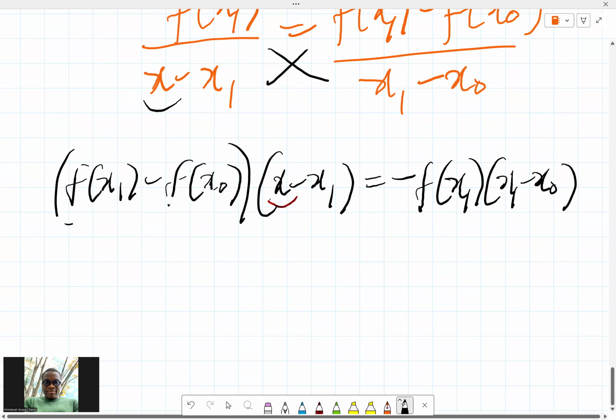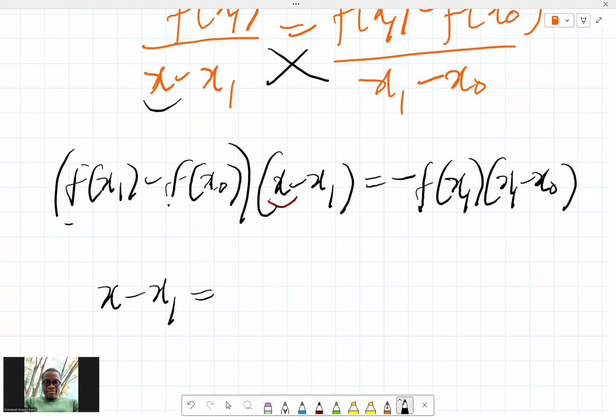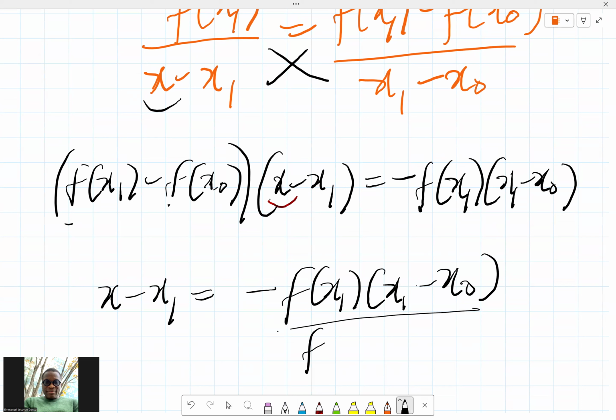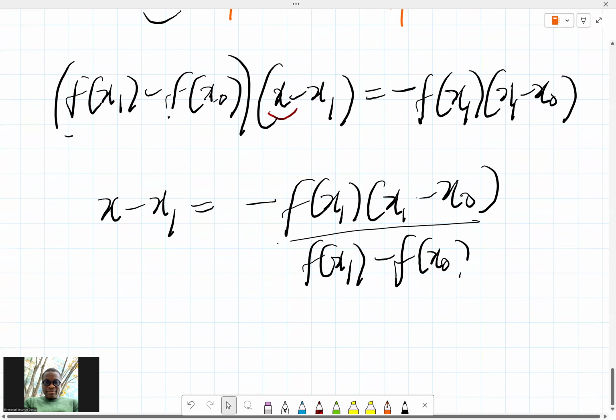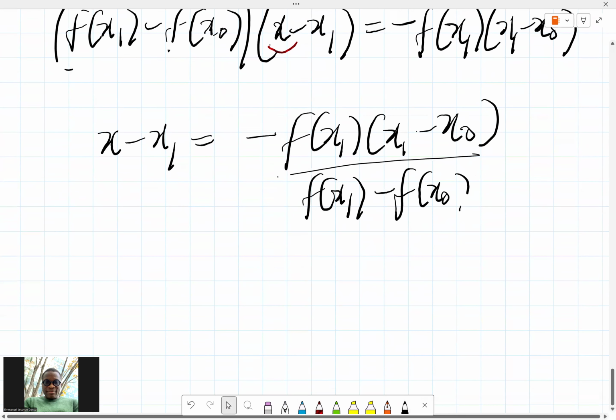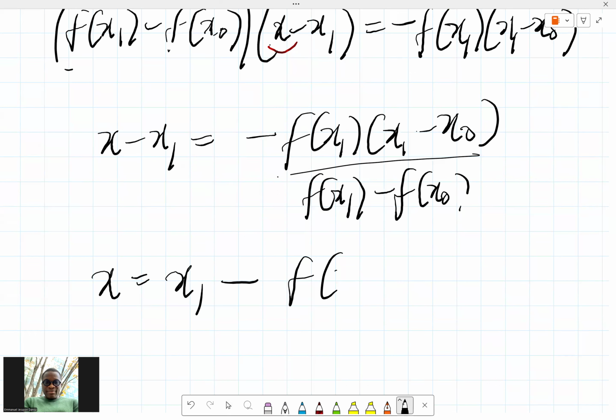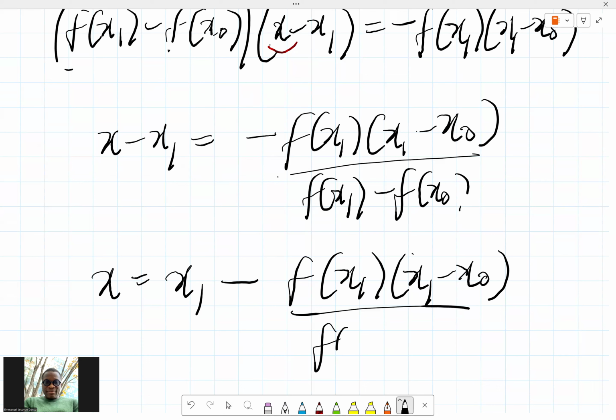Now we can divide through by this one, so that we have x minus x1 equals minus f of x1 into x1 minus x naught all over f of x1 minus f of x naught. Things are gradually coming together. So x1 can go to the other side, and we have x equals x1 minus f of x1 into x1 minus x naught all over f of x1 minus f of x naught.